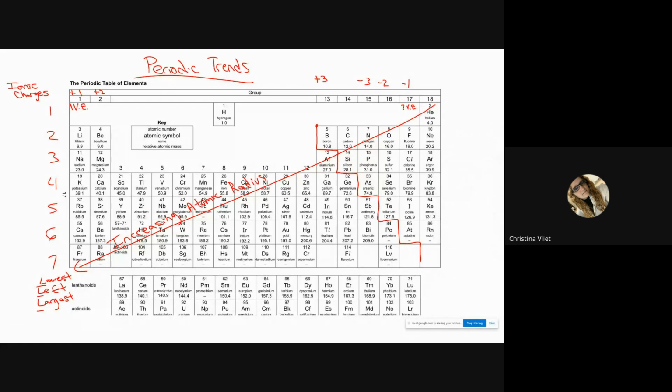And then I'm going to write 14 as plus 4 minus 4. Why am I doing that? Because there's some elements here that are non-metals, specifically carbon, that's really important. And then there's also a decent amount of elements here that are actually metals. So it could be plus 4, it could be minus 4, depending on if it's a metal or a non-metal.